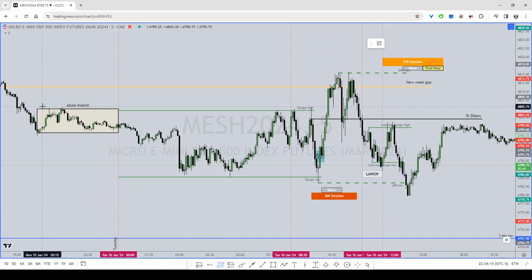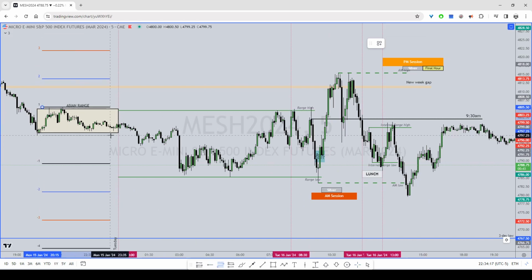But here, you can see that Asian range high to low gives a pretty clean setup where you can see that 2 standard deviations on the downside and 2 standard deviations on the upside have framed exactly where a consolidation model will stay within.